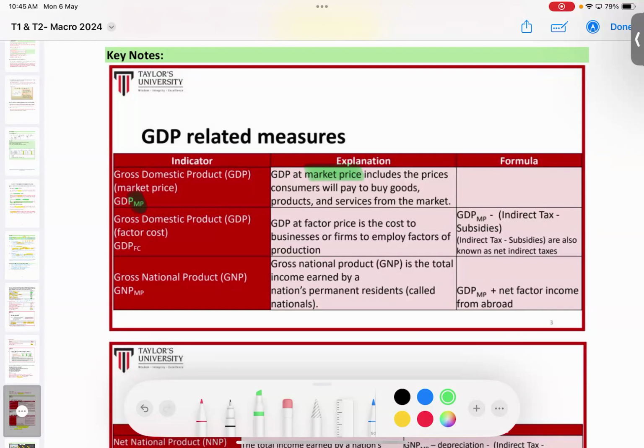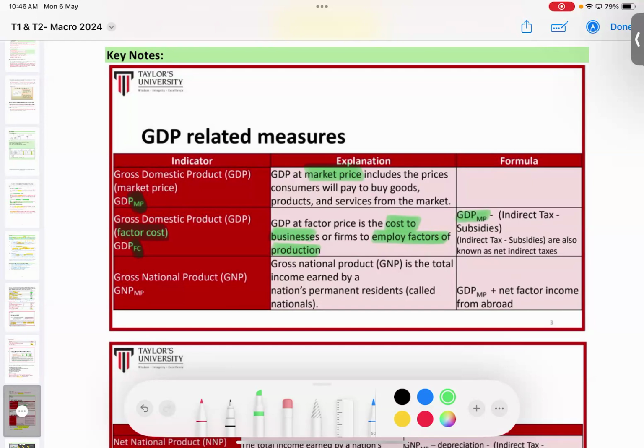What if today I want to calculate GDP but at factor cost? That means I want to look into the factor price, which is the cost to the businesses or firms to employ the factors of production. Therefore, I need to use the GDP at market price that I have just now minus indirect tax minus subsidy.